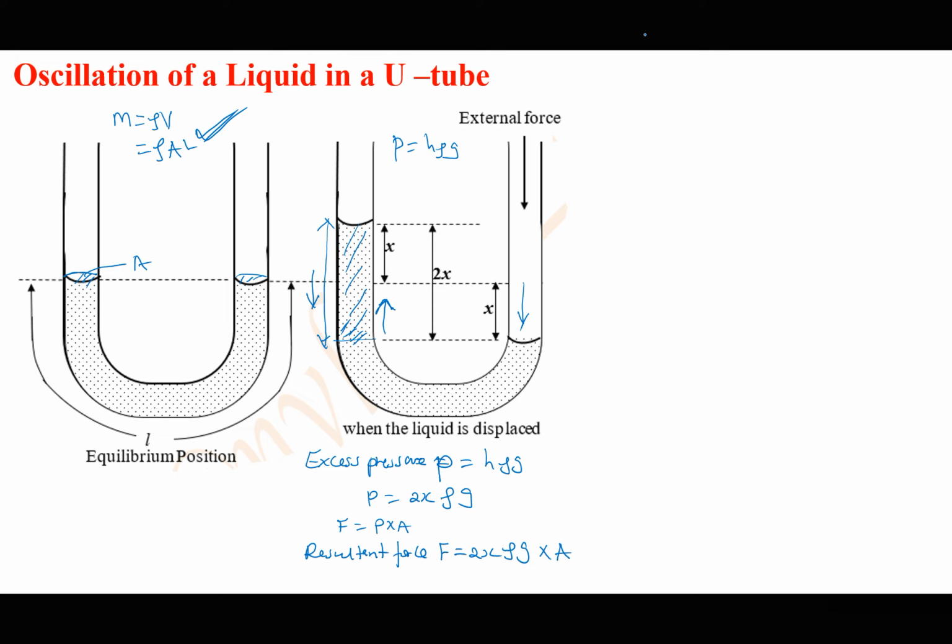So I am simply saying that F is going to be equal to the negative. You must explain why you bring in the minus. The minus implies that the restoring force is in the opposite direction to the displacement. So this is going to be minus 2x times density times g times a.